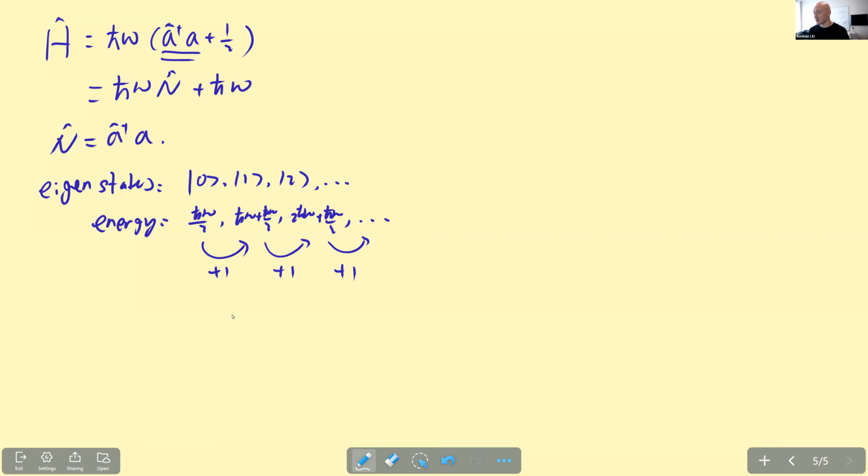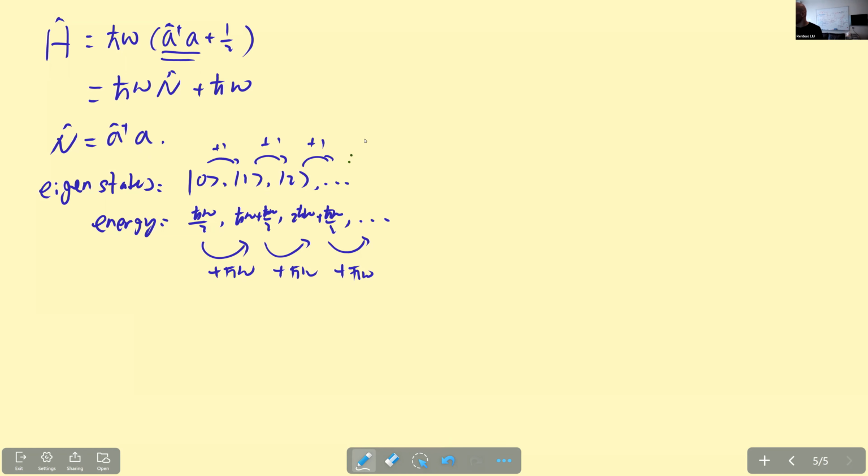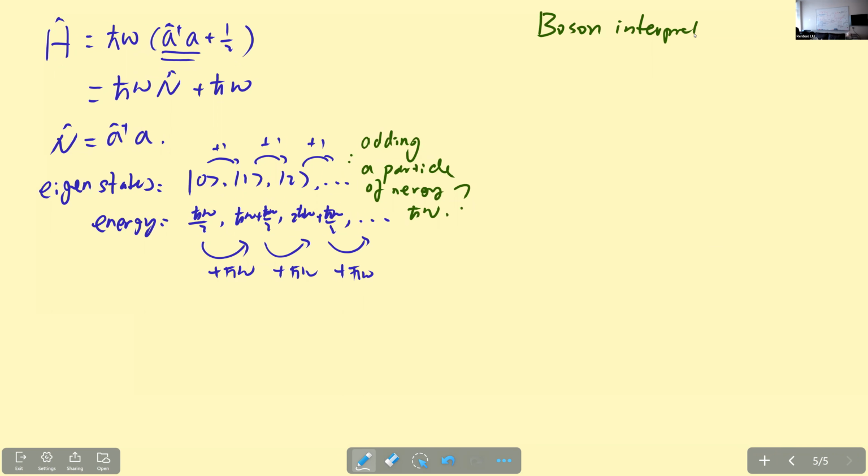The energy changes by h bar omega each time. So it's just like adding a particle of energy h bar omega. If we do this interpretation, we have this boson interpretation.